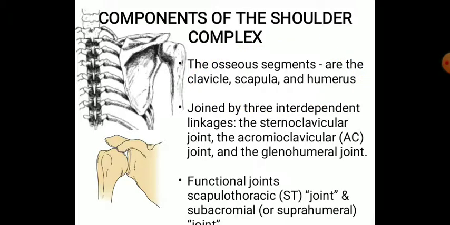All these three bones are interconnected by some joints. As I said earlier, there are the sternoclavicular joint, acromioclavicular joint, and glenohumeral joint. These are the three exact joints we can find in the shoulder region. But there are some other joints, called functional joints, such as the scapulothoracic joint, and the subacromial or suprahumeral joint, also called the subcoracoid joint.